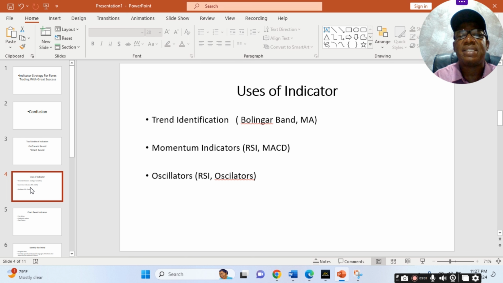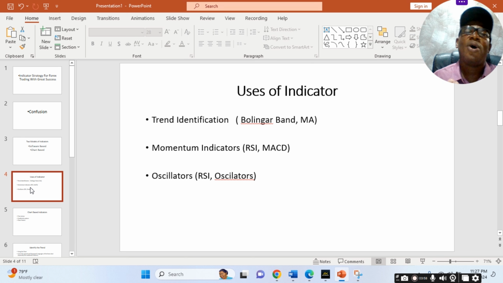But the chart-based are those indicators emanating from the charts, from the real life activities of the forex traders in the world. These two indicators are interrelated, but look at what happens. The software base follows suit of the chart base.